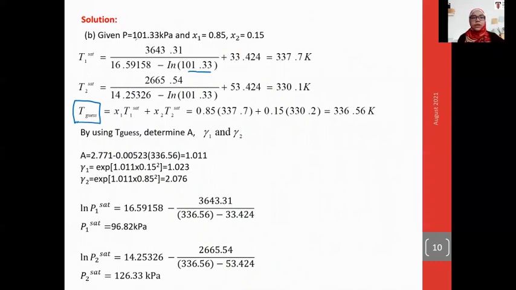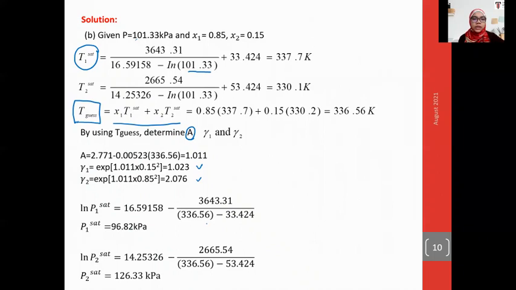By rearranging the Antoine equation, we can get the saturation temperature for components 1 and 2. Then we can use this correlation to obtain the guess temperature. Using the guess temperature, we can determine A, and then finally it gives us the value of gamma, the activity coefficient for both species.